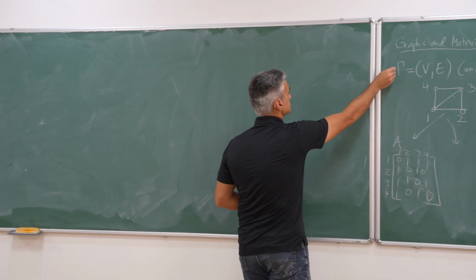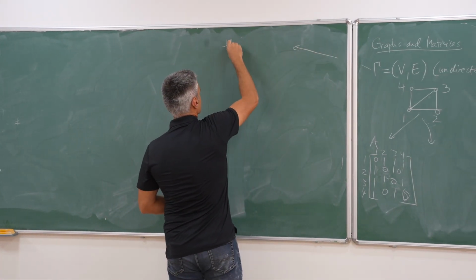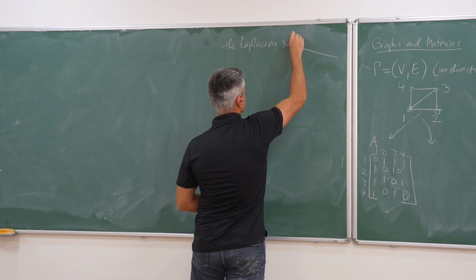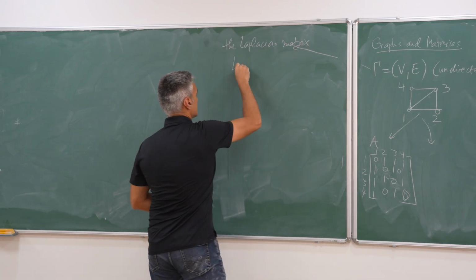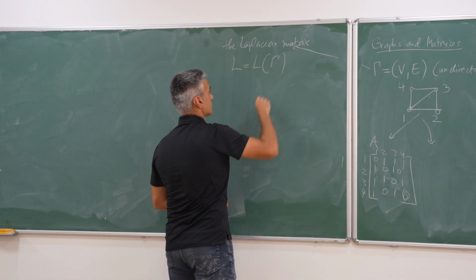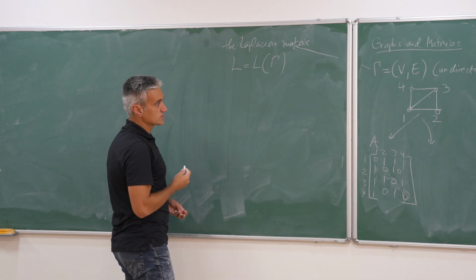So the Laplacian matrix. It's usually denoted by L or L of gamma. And for now, I'll just give you the entry-wise definition.